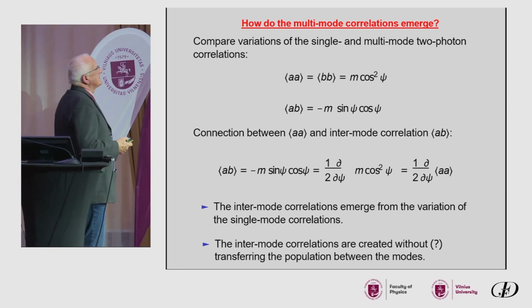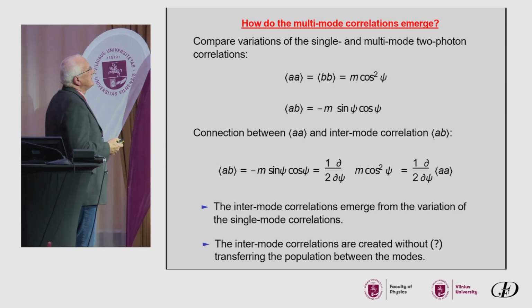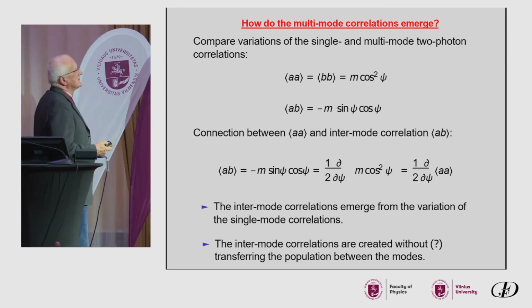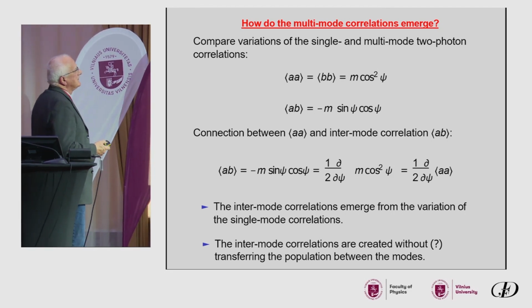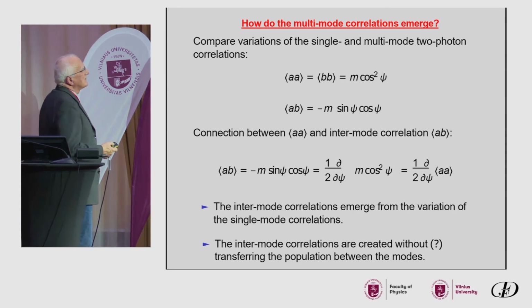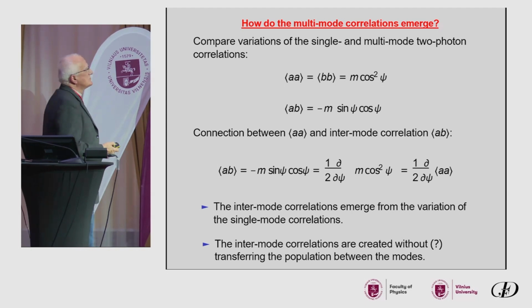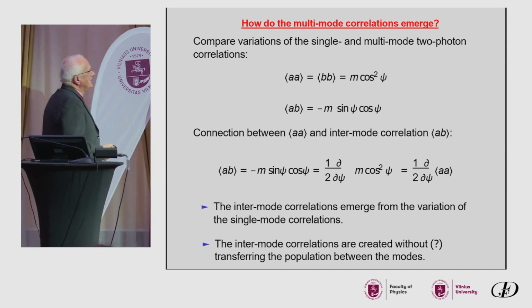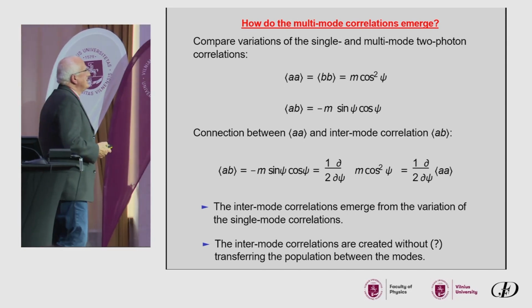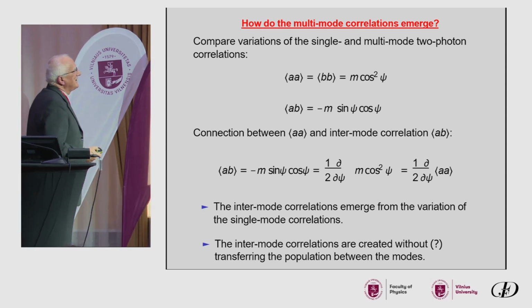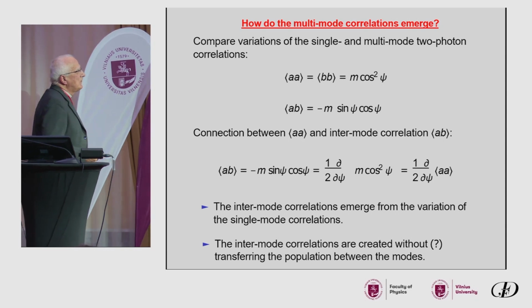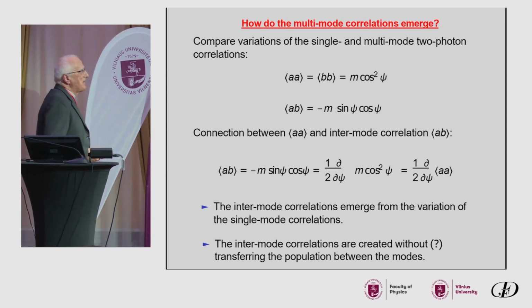Compare how the internal mode correlations change with the coupling strength, and how the intermode two-photon correlations change with the coupling strength. Phi contains the coupling strength G. Comparing these, you see that the intermode two-photon correlations are created due to the variation of the correlation inside the mode with the coupling strength.